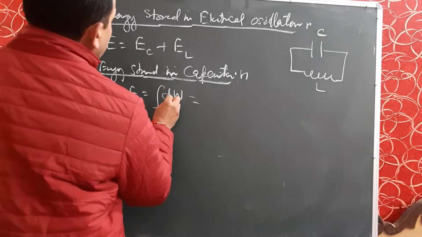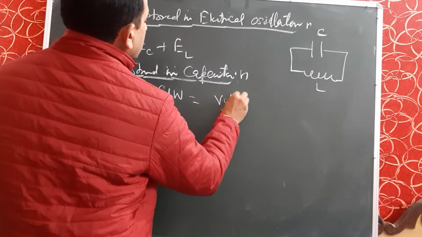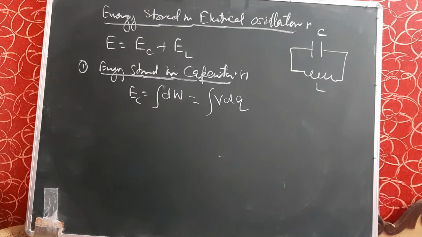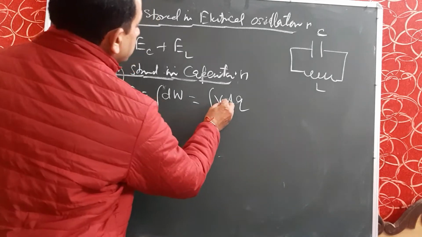So, what is work done? We know work done is voltage into charge, VdQ. You have already read that dW is equal to V into dQ. And what is V?